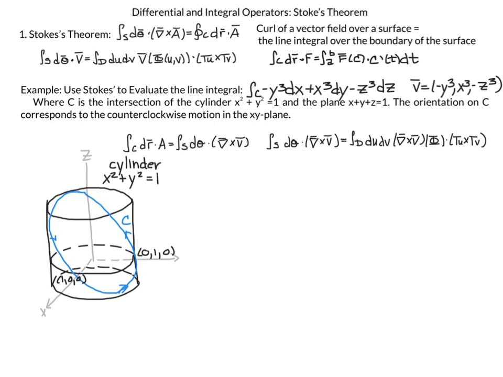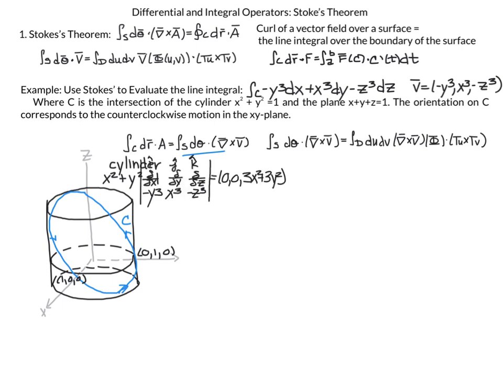So I copied here my surface integral formula, but I plugged in my cross product, my curl, for my vector field. The reason I assume they want this side of the equation is if they just wanted me to use the line integral side, they probably would have said evaluate the line integral. But because they said use Stokes, I assume they want the other side of the equation.